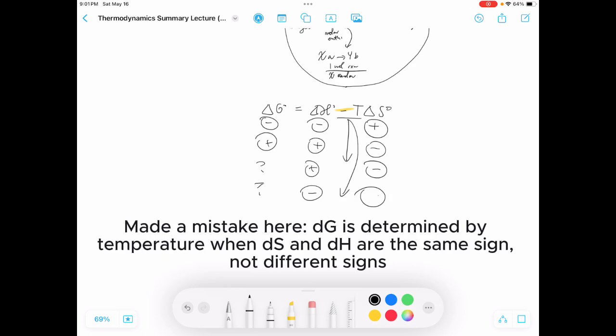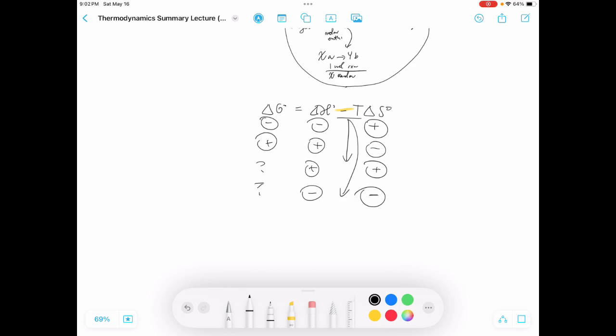If I have an endothermic process that increases entropy, well, it's a positive minus a positive. If your T has a great enough magnitude, then your delta G is going to be negative, so the process is thermodynamically favorable. But if I have a positive minus a small temperature, at a low temperature, then that reaction is not going to happen because that delta G naught is not going to be negative.